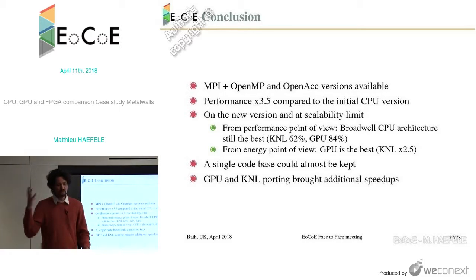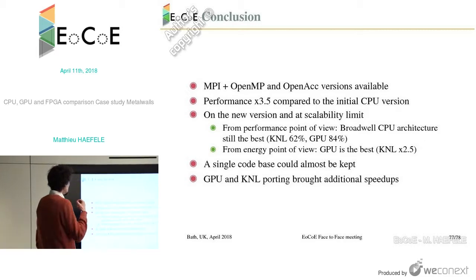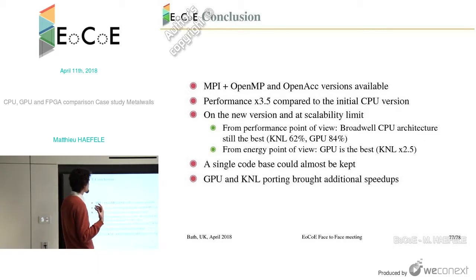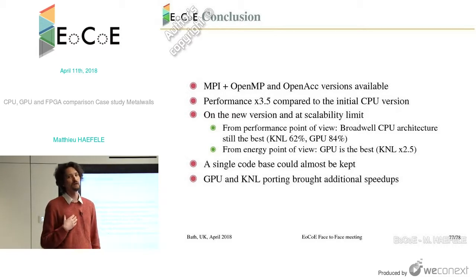When we run this new version at the scalability limit, Broadwell architecture is still the fastest. KNL and GPU are a bit behind, but not that much. And from the energy point of view, GPU is clearly the best, KNL being more than a factor of 2 behind.